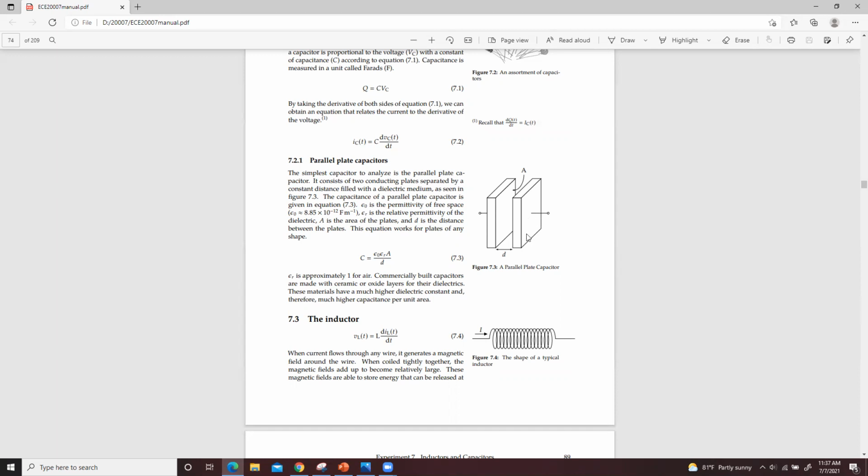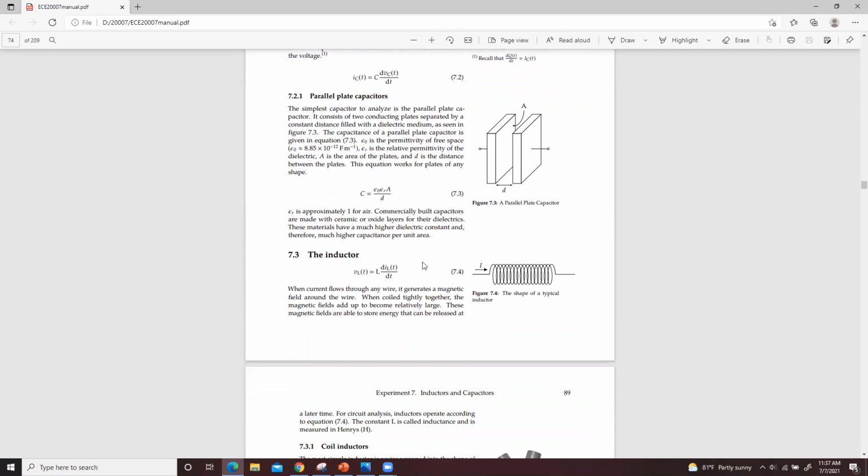Similarly with an inductor, if you only have a DC signal, the current will just go through, so it will be like a short circuit.